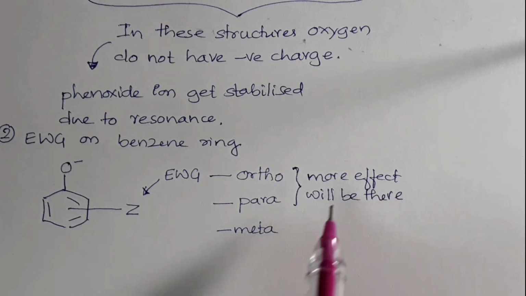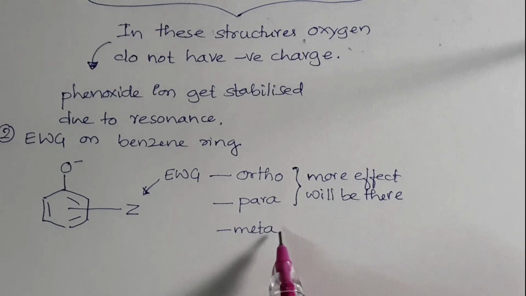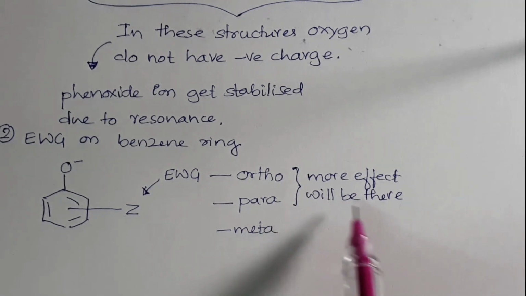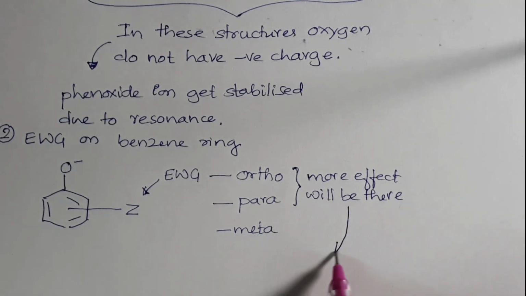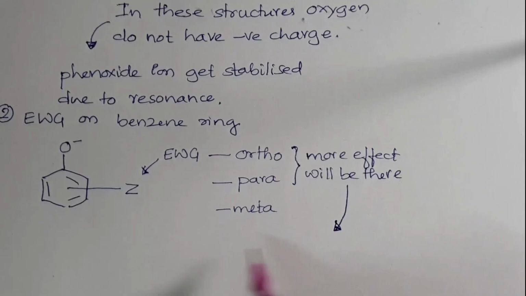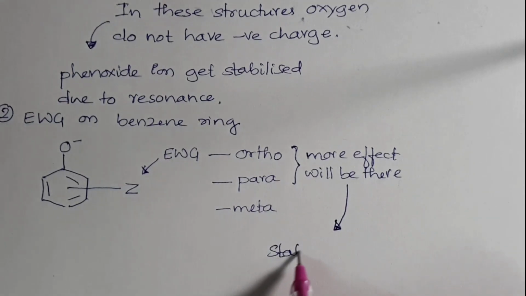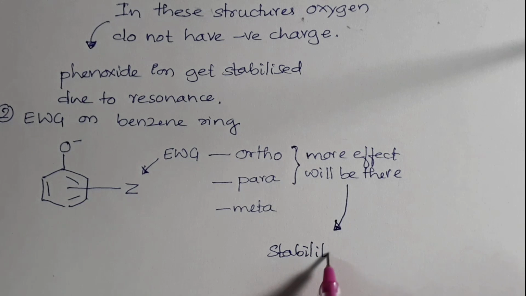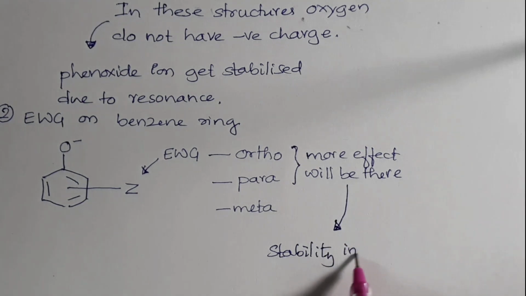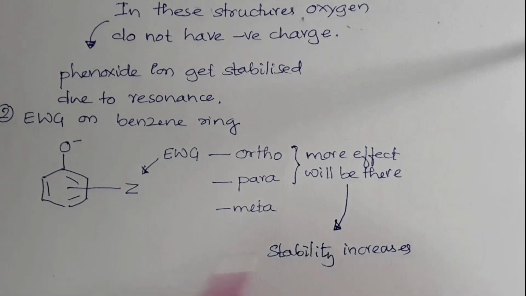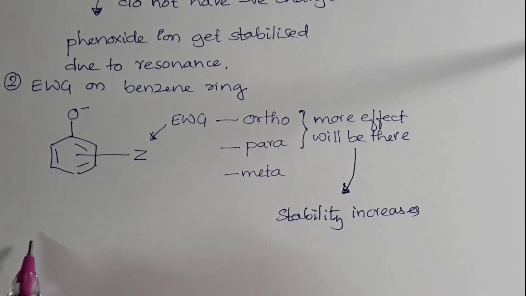Okay, and para has the least effect. So therefore we can say that here the stability increases. Okay, almost you can see that ortho and para positions show the same kind of resonance.